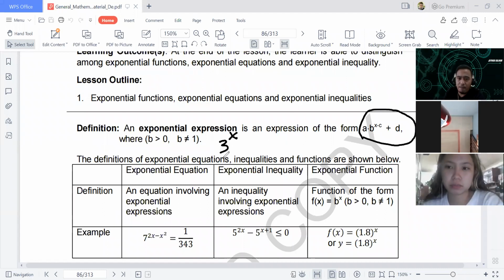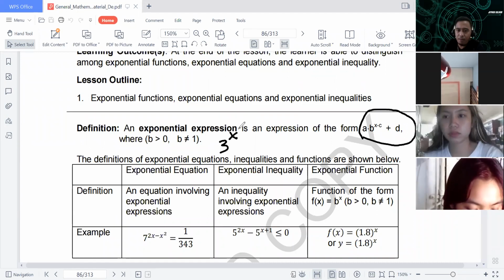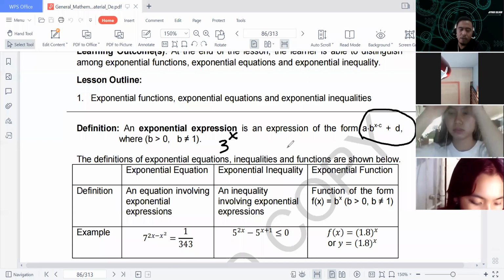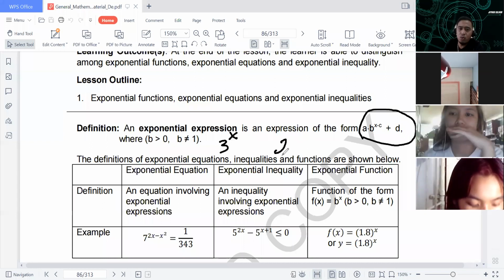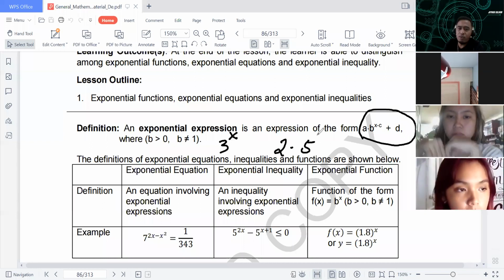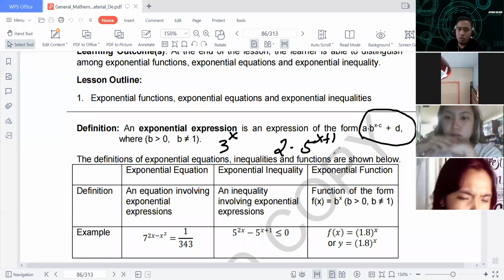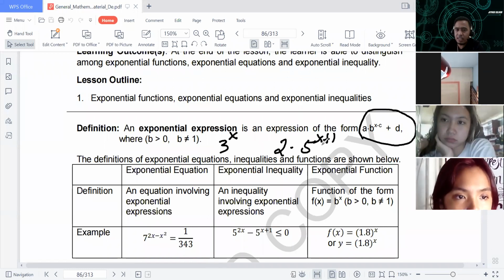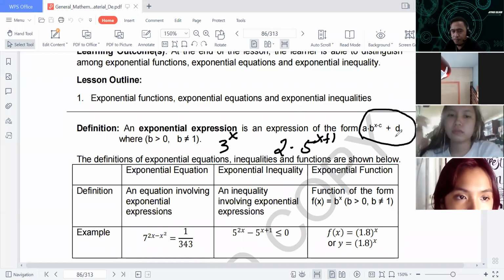As long as there is a number and a variable in the exponent, it will be considered an exponential expression. Or you may also have 2 times 5 to the x plus 1. This is also an example of an exponential expression because it is of this form.